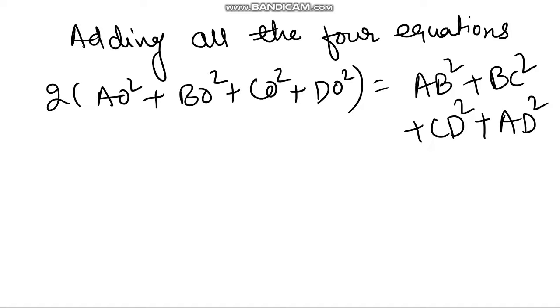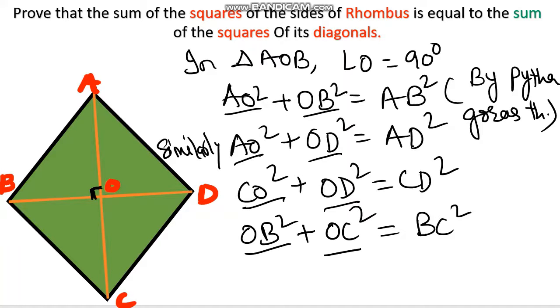Now children, try to understand here. If you are considering AO and OC and BO and OD, you should know that BO is nothing but BD by 2 because the diagonals of a rhombus bisect each other at right angles. That means BD and AC are bisecting each other, so BO is nothing but BD by 2.